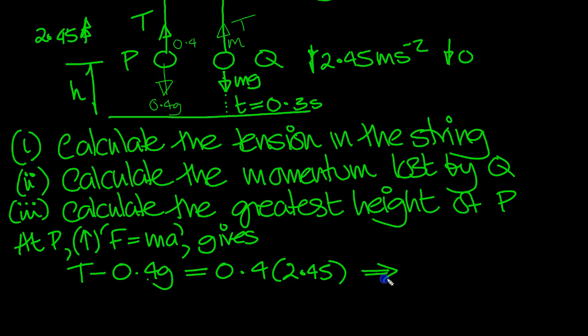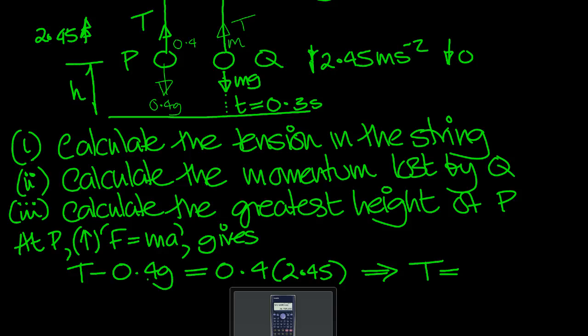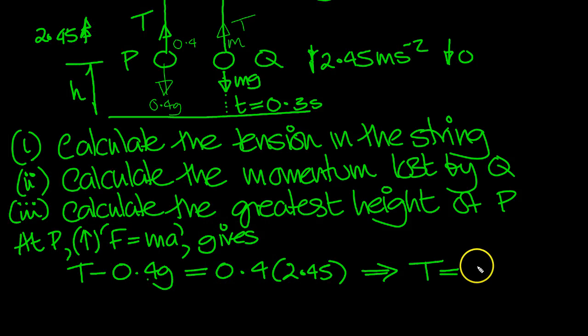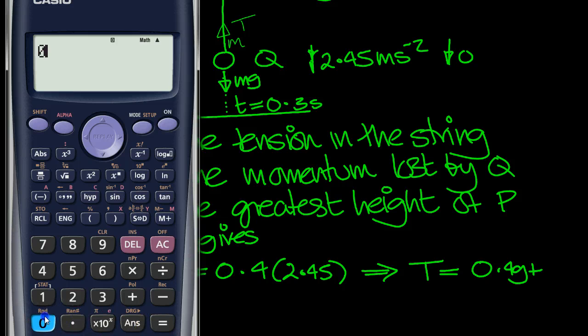So that tells us then tension is equal to, now let's just move this over here and add them together. So let's do that then. Move the 0.4 g over, plus this amount here, which I'll tap in the calculator, 0.4 times 2.45, 0.98.